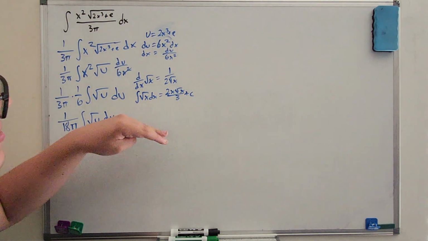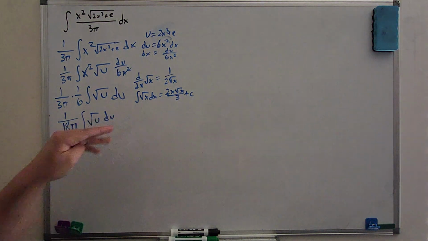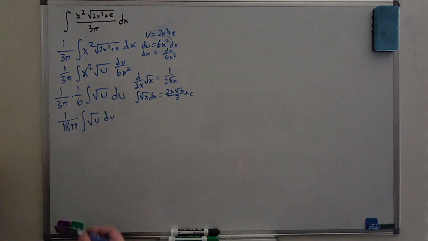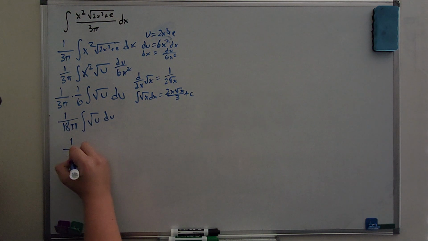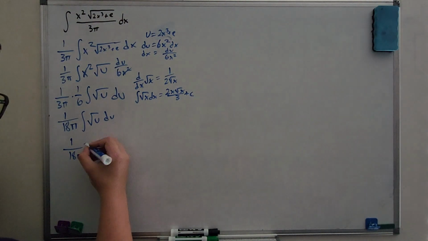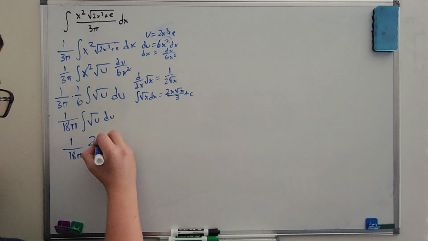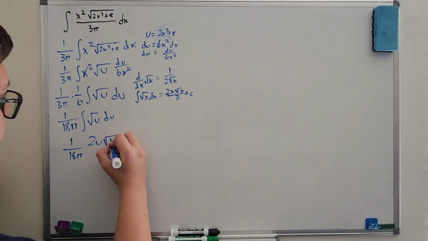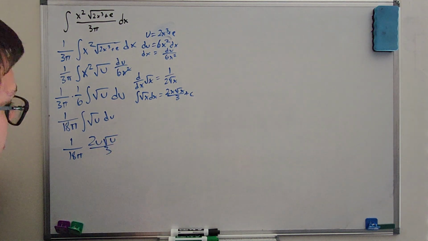So with that idea in mind, we can substitute that into this equation. So 1 over 18 pi, and then we can plug in our thing: 2u square root of u over 3. Okay?